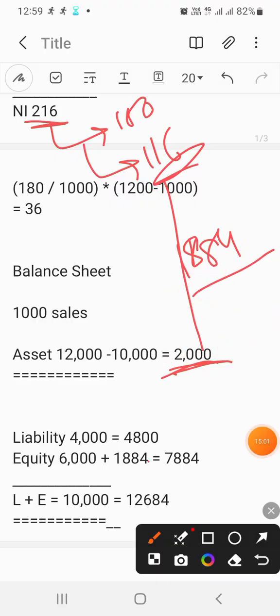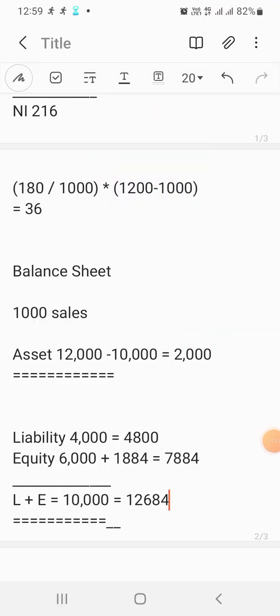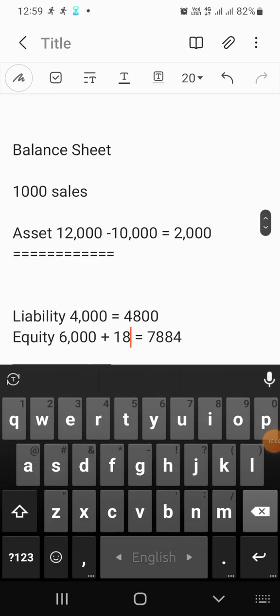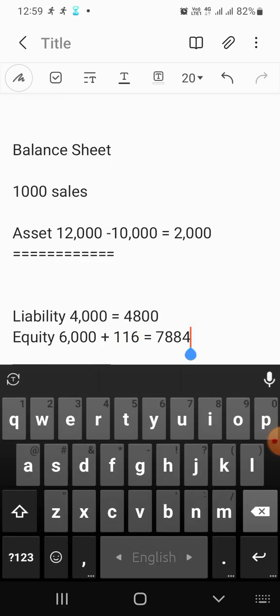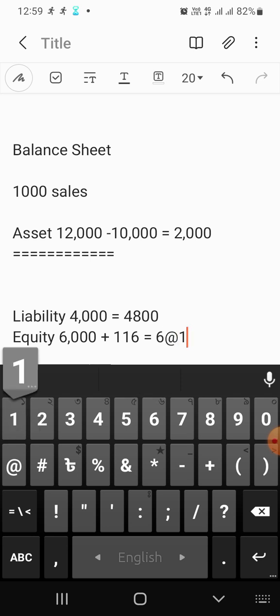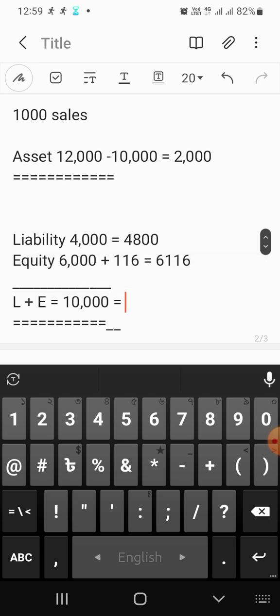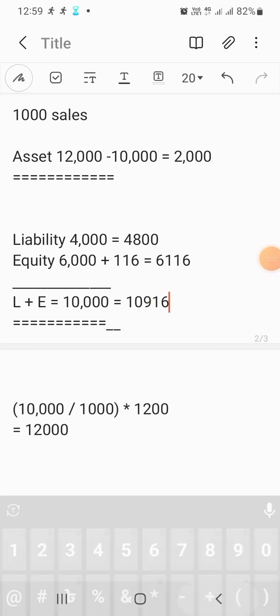I have just made a mistake here. The equity will be here 116, that means it will be 6,116, and that means it will be 10,916. Okay, now it is okay.